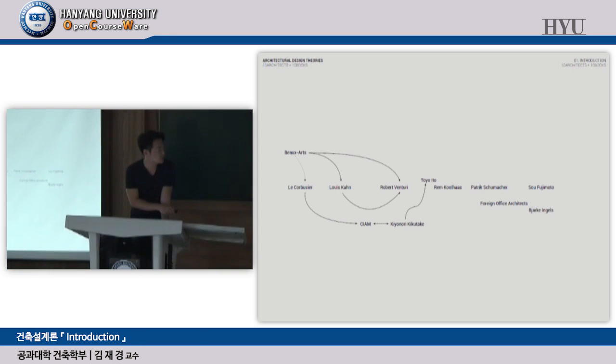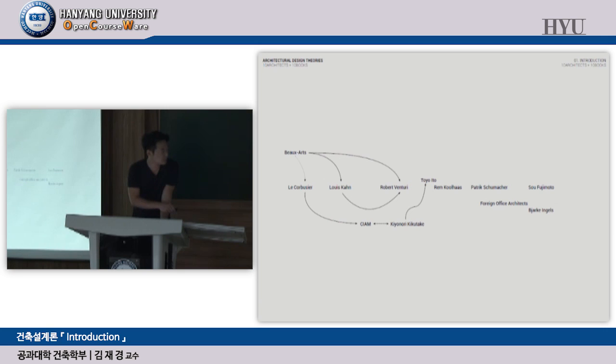Corbusier and CIAM is a direct relationship, but Kikutake and Corbusier didn't have a direct relationship, though he was influenced by Le Corbusier. In my perspective, metabolism is kind of a new type of modern architecture.